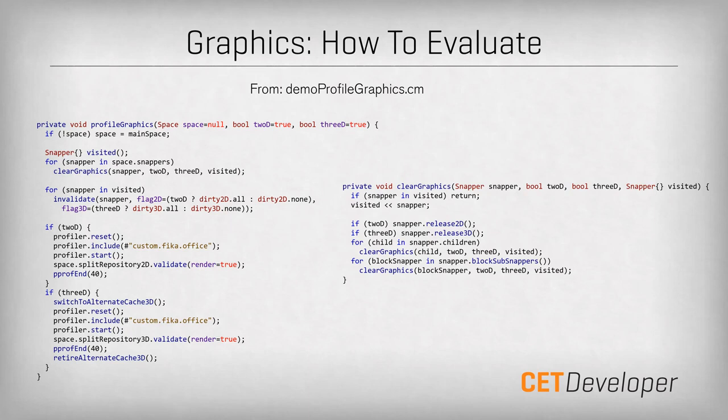By default it uses the main space, but you can provide any space you want. By default, this code is set up to use the profiler. You can swap this out for probes. You can change what packages the profiler looks at, do whatever you want with it. But this is just a good starting place to get some testing code for your graphics. And like I said, this will be in the code samples.